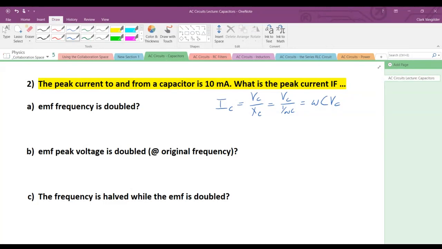And so if frequency is doubled, all right, then what's that going to work? So our I prime, for our doubling, some sort of tick mark on it, would mean we would have these little primed doodads. The capacitance isn't changing and whatnot.